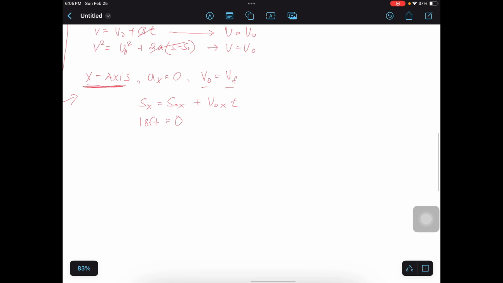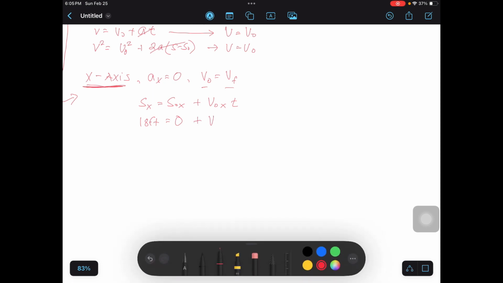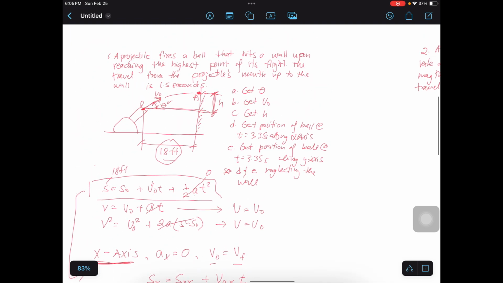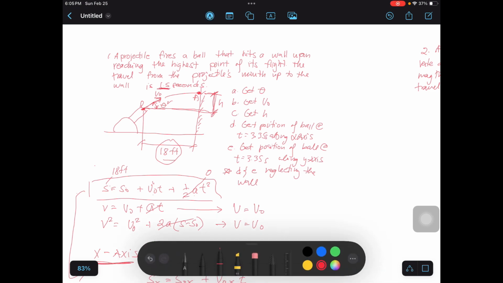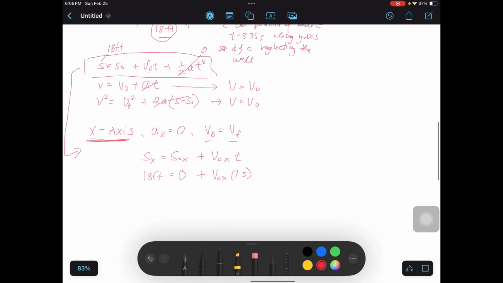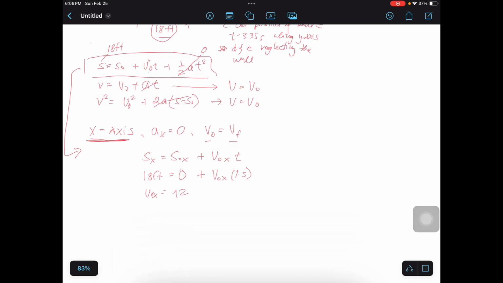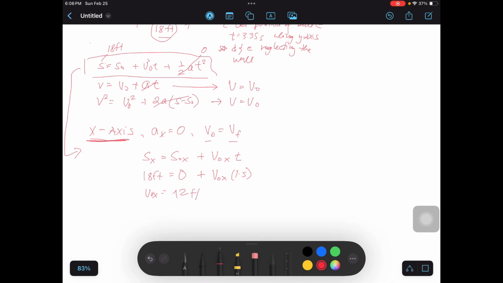And then plus VOX is missing. So let's keep it as VOX, and then T. What's the value of T? It's 1.5 seconds as given sa problem. So we can get VOX. Whose value is VOX? It is equal to 12 feet per second.